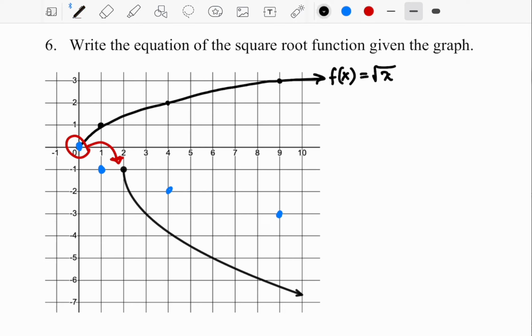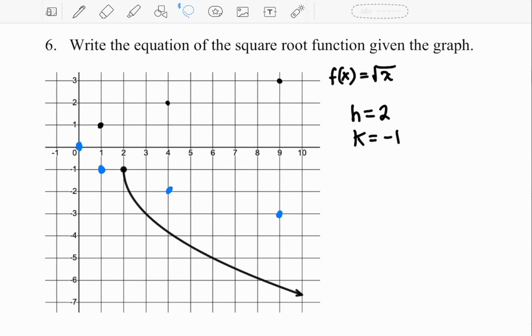To get this point to this point, it looks like I'd have to have an h value of 2 and a k value of -1. So I can take my points and move them over to those locations. Shift right over, down 1.